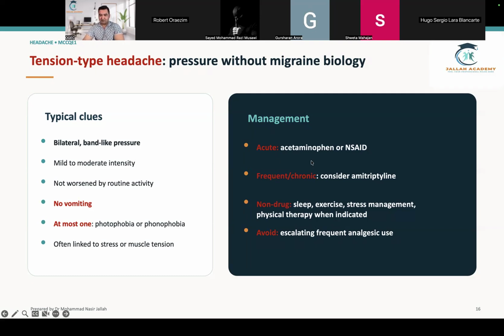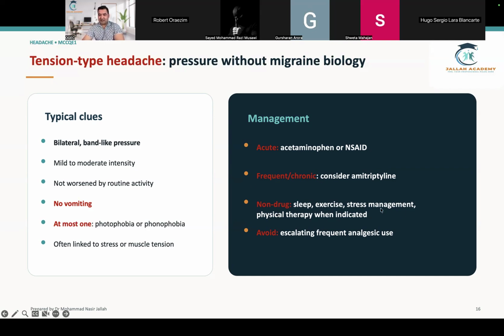So management: acetaminophen or non-steroid. If frequent or chronic, consider amitriptyline. If you remember, we said that if we have a combination of migraine and tension, we use amitriptyline. It is also one of the best times to use it if there is frequent tension that's not responding to other medication like acetaminophen or non-steroid.